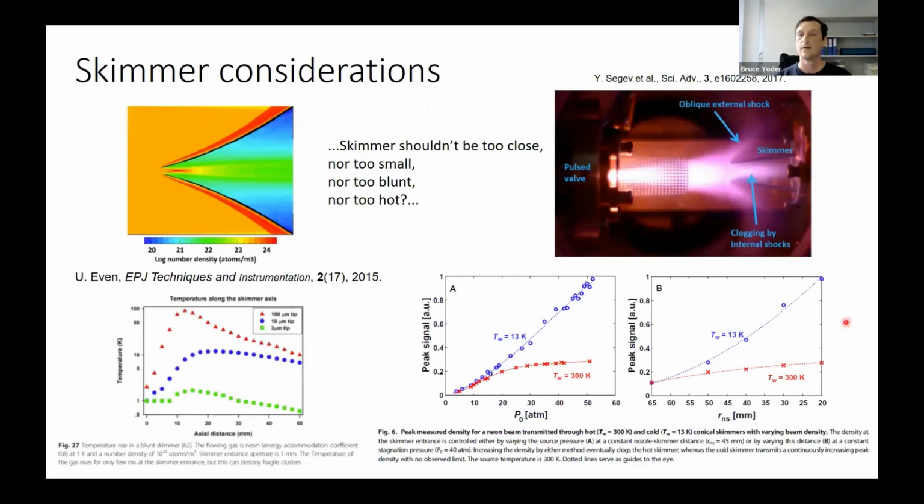Okay. Free jet expansions are not novel in themselves, but they are evolving with increasingly intense expansions. The increased intensity brings the need for more thought to go into generating and skimming the expansions. On the left, we see a simulation of 10 to the 22 atoms per cubic centimeter impinging on a popular 1 millimeter diameter skimmer shape that was used extensively with low intensity continuous beams.